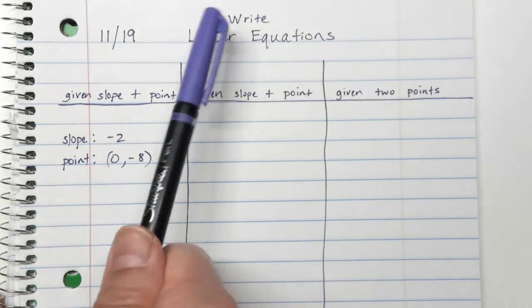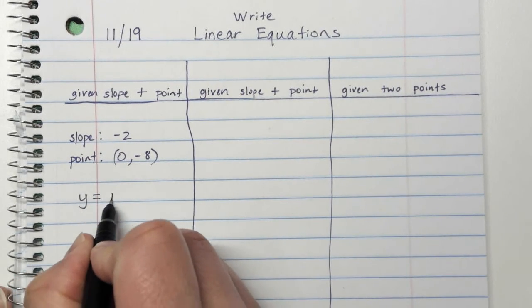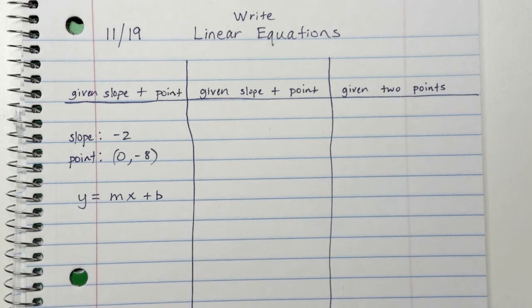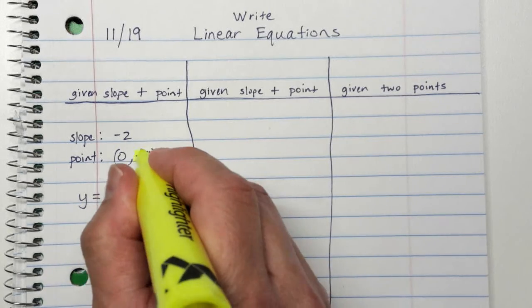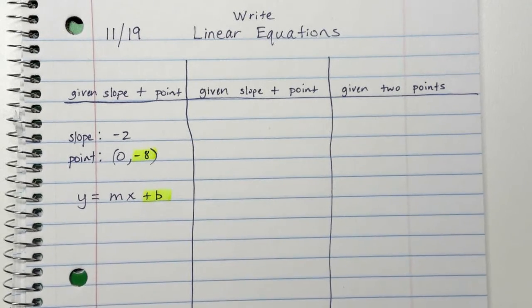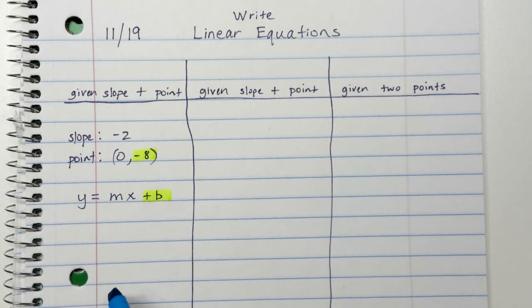and your goal is to write a linear equation in slope-intercept form. So it must look like this when you are done. The -8 is the y-intercept. So if you think about where this point lies on a graph, 0, -8 is on the y-axis.